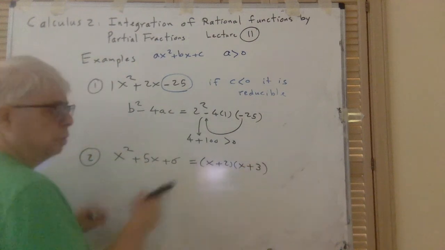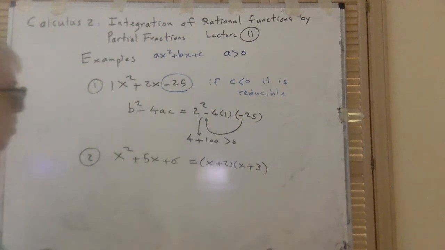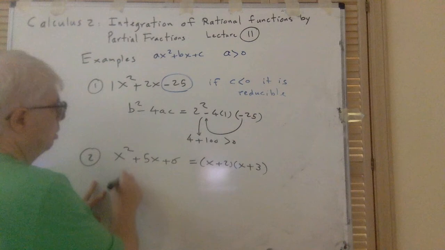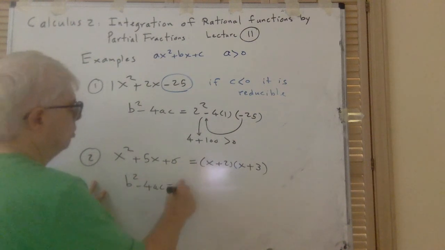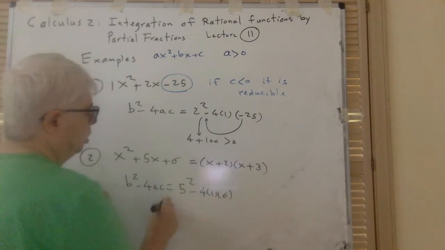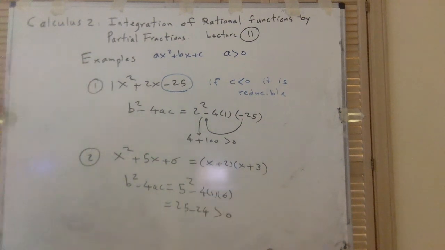This is positive, but we can factor it with real factors. Let's look at b squared minus 4ac: 5 squared minus 4 times 1 times 6, that is 25 minus 24. So that can be factored, and in fact I factored this thing.